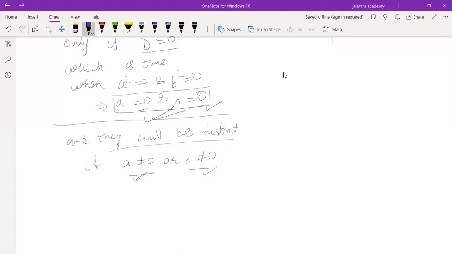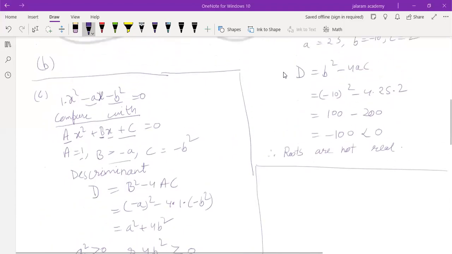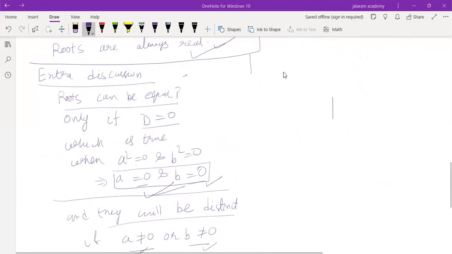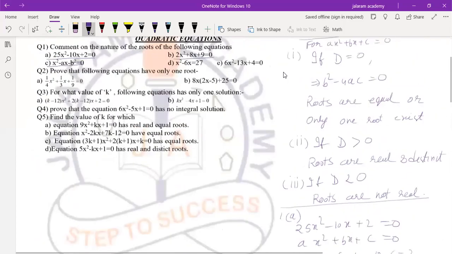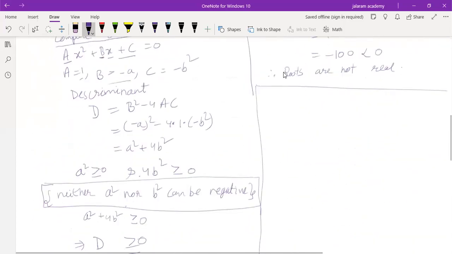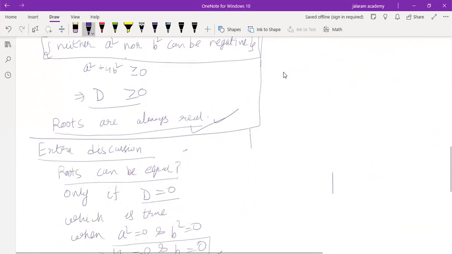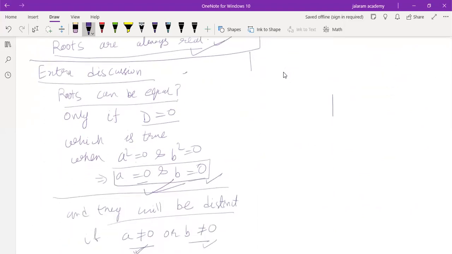As in this question we have to comment on the nature of the roots, at your level it is sufficient to write roots are always real. But if we have to discuss the nature of roots, then if they are real, they can be either equal or distinct. So case 1, when can they be equal?